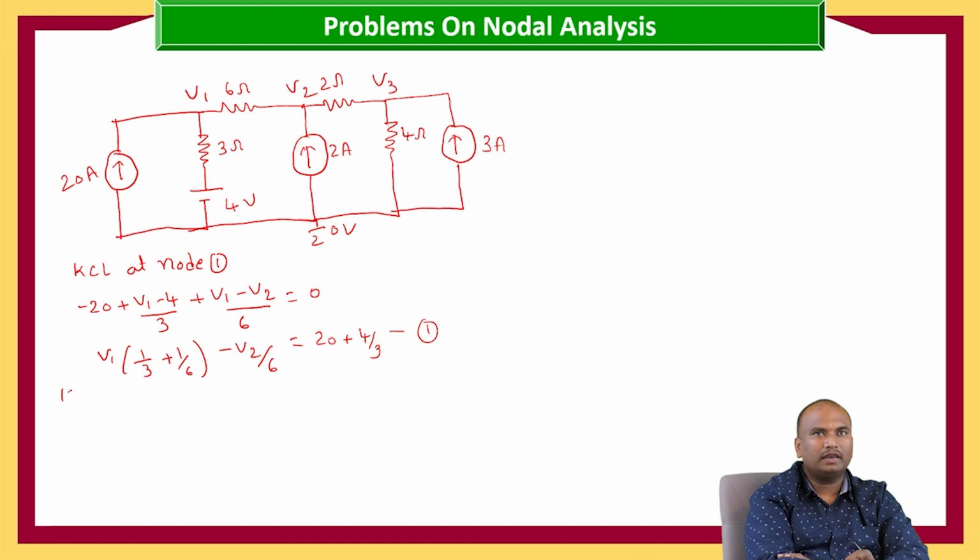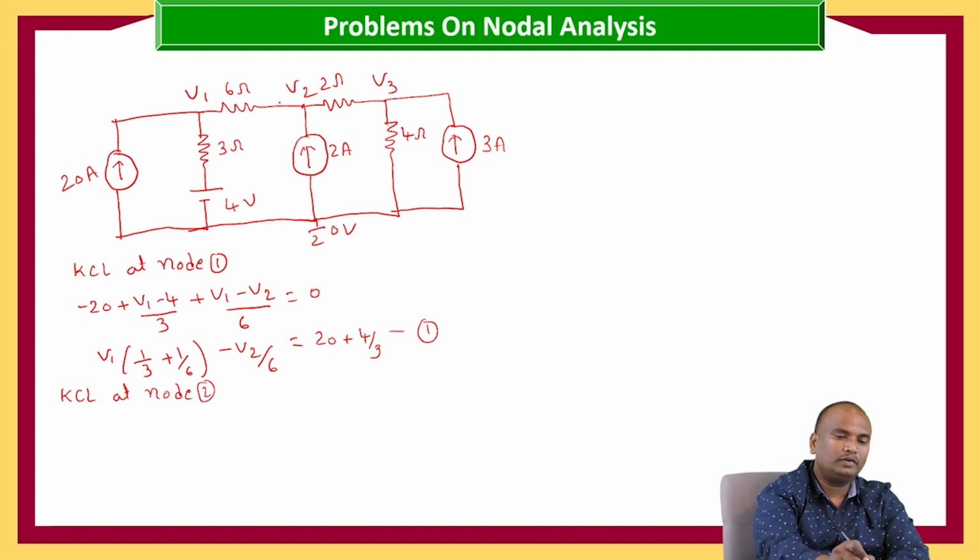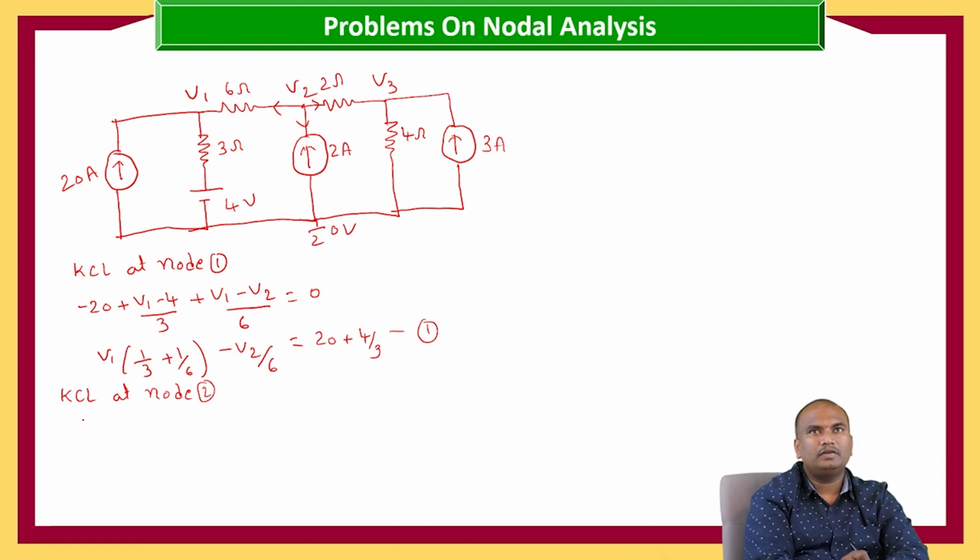Now the KCL at node 2, that is (V2 minus V1) by 6 minus 2 plus (V2 minus V3) by 2 equals 0.